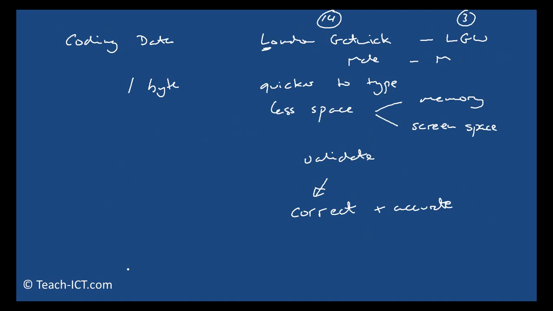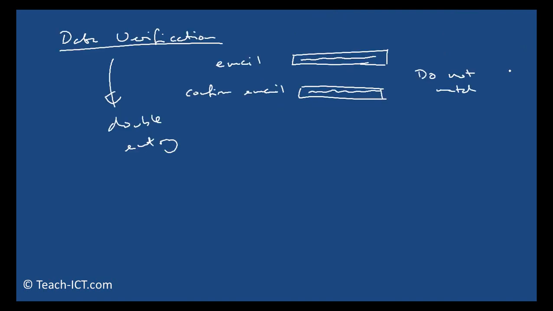Very helpful because it's quicker to type, takes up less space, and it's going to be easier to validate as well. For example, all airports have 3 characters. So we can make sure that when someone enters a code for an airport, they have to enter 3 characters in there. It's a character count check, isn't it? Or a format check, it's a bit of both really.